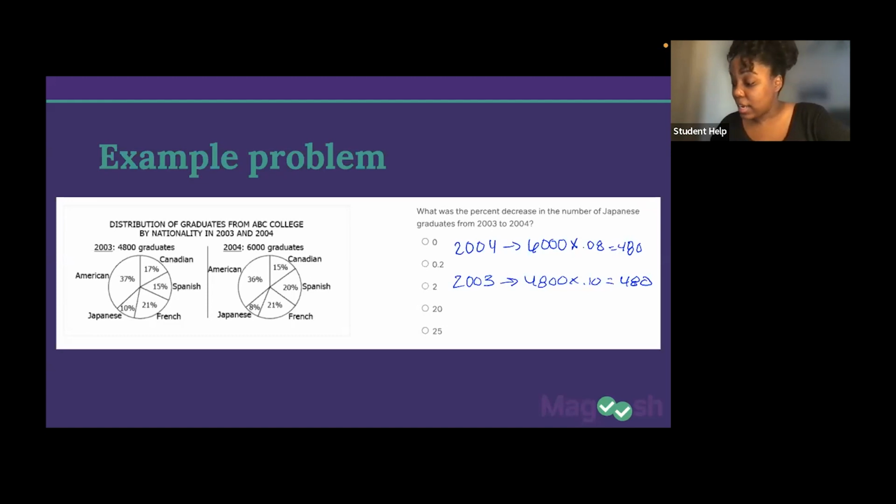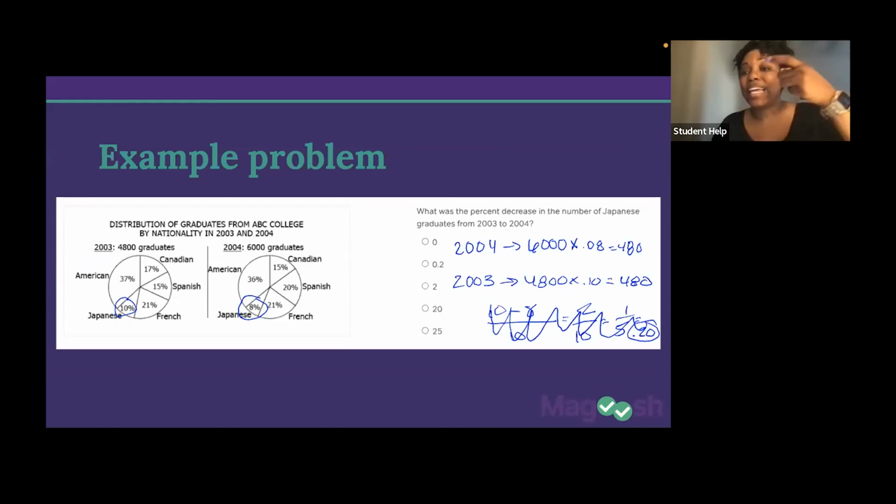And I got someone who told me how they got B, and that makes sense. What they did was they said, okay, well, remember original minus new divided by original. I'm guessing that's what you said you did. And then that was 1/5, and that's how you got 0.2. And that makes sense. But remember, when we're talking about new minus original divided by original, those are actual data.